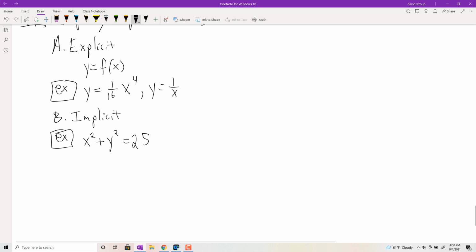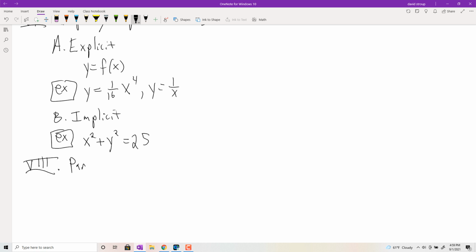I won't be expecting you to do that, and the homework doesn't either, so you can just read that example in the book on your own. But this is an implicit version. You can get the explicit solutions, but working with square roots is so nasty that you tend to avoid it. And just working with this thing alone is almost better. All right, so anyways, let's move on to my next section.